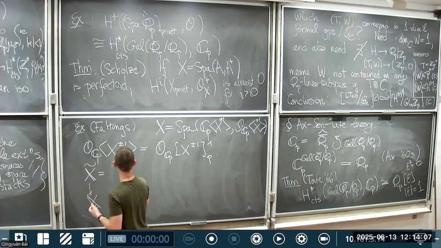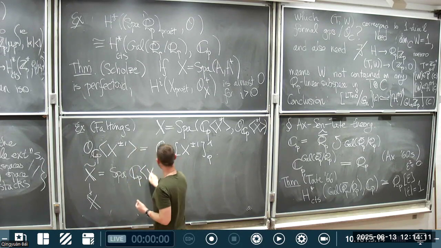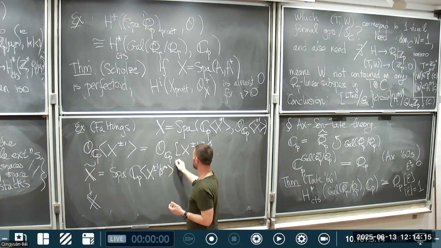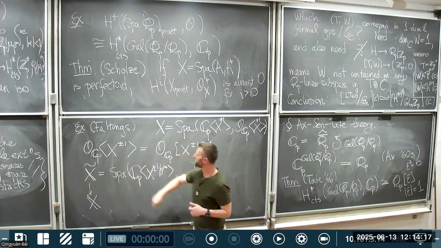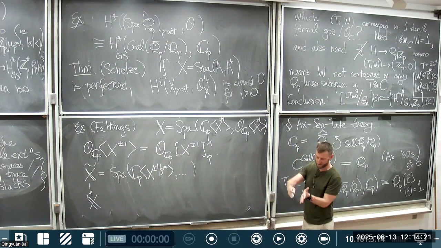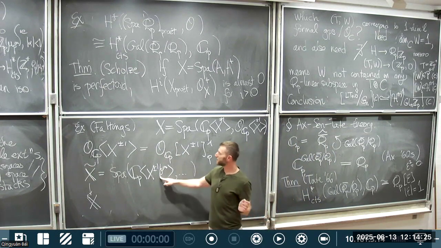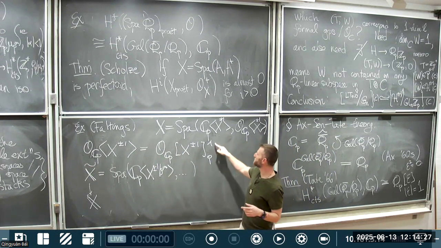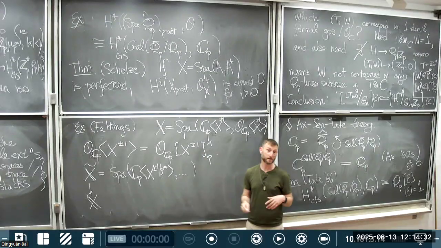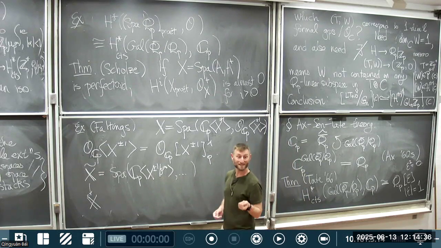This is the one where you extract all p-power roots of X, a p-th root of X and then a p squared root and all the way up. And this notation is again the p-adic completion of the corresponding polynomial ring in X and all of its p-power roots.